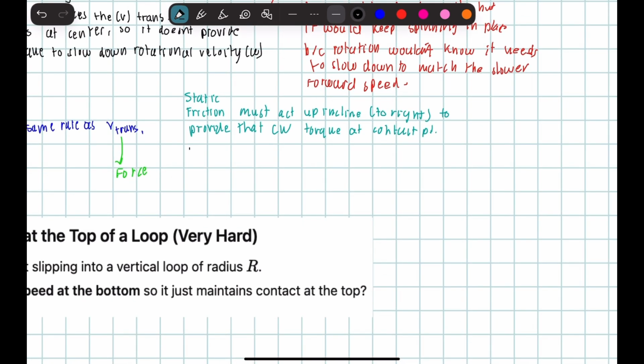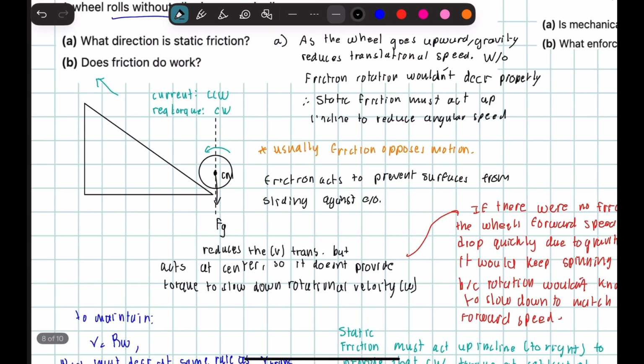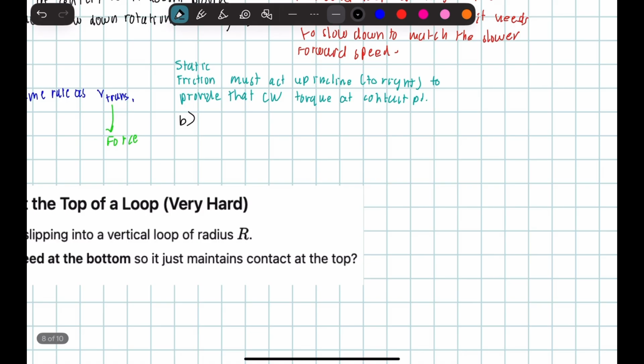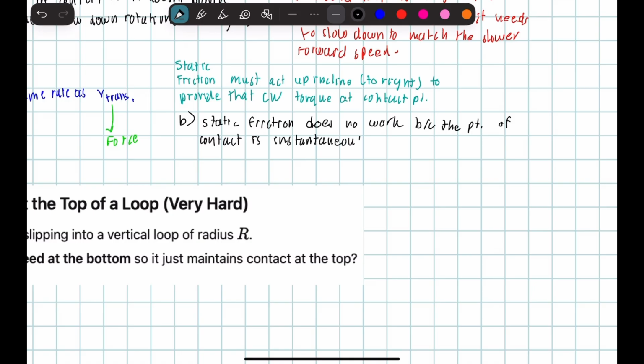Now let's move on to B. Does friction do work? Well, static friction does no work because the point of contact is instantaneously at rest.